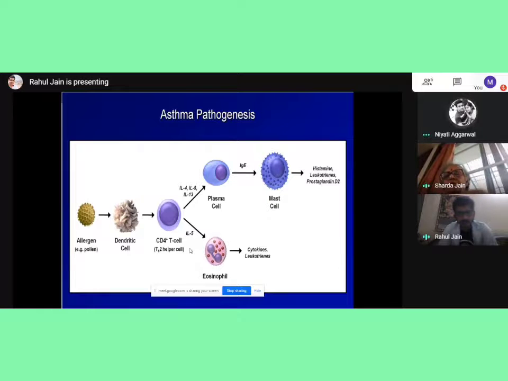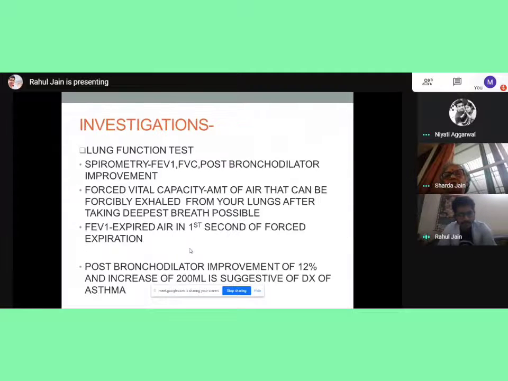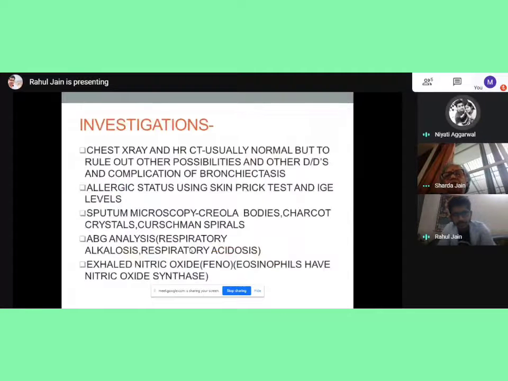If there is a massive eosinophil activity inside the lungs, then I know that the patient will start expiring nitric oxide. So that's why I measure the nitric oxide and I can grade how much eosinophil exposure that person is having. So exhaled nitric oxide, we know, is the measure of nitric oxide released into the breath, and the reason behind it is eosinophil and nitric oxide synthase activity.